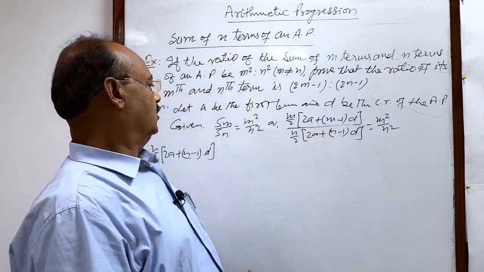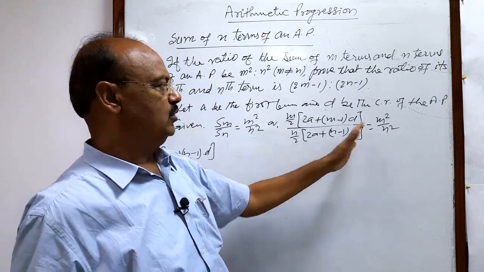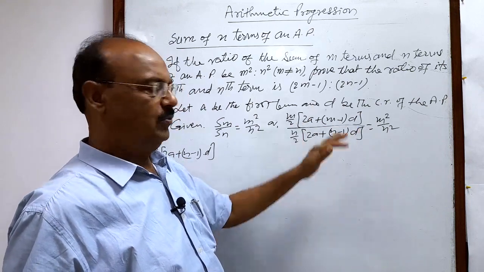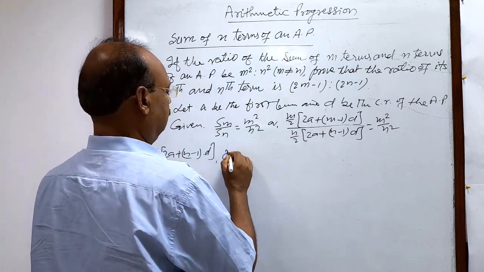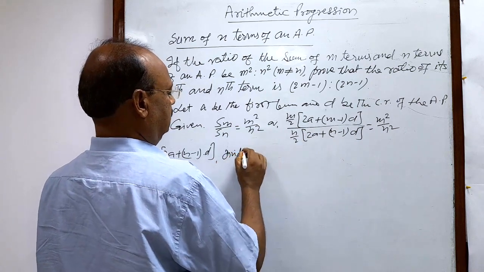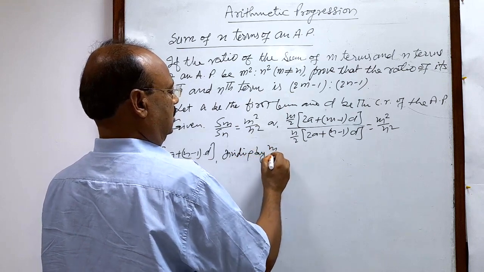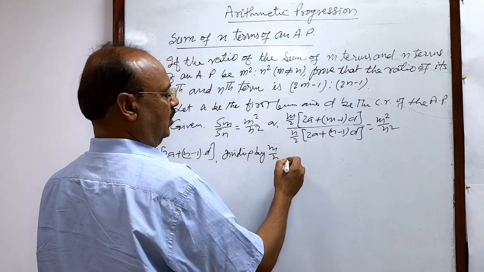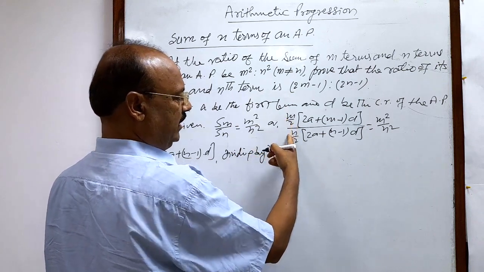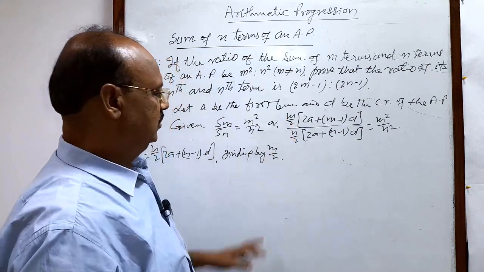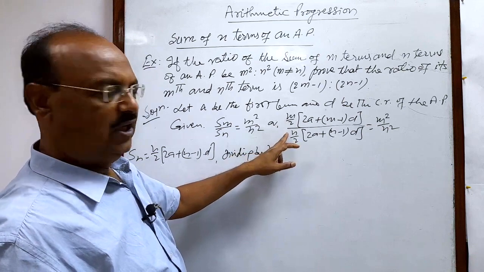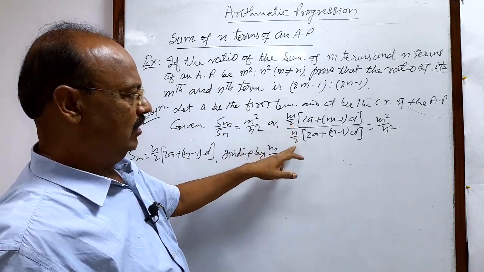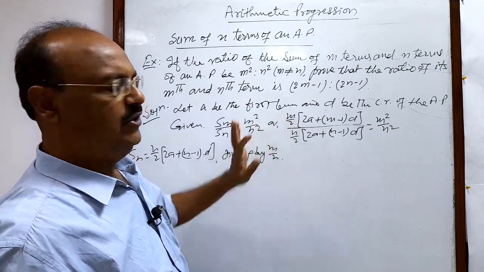So when we divide both sides by m upon n, what do we get? Here m by n will be cancelled out, and the half will also be cancelled out from numerator and denominator.